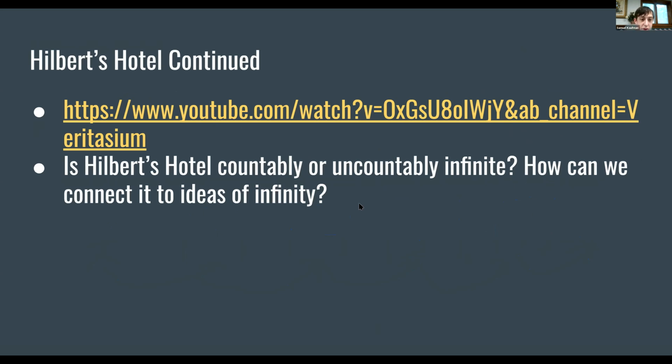But here's the next question I'll ask. Is the number of rooms in Hilbert's Hotel countably or uncountably infinite? And if anyone has any other observations about how this connects to things we've already learned, that would be great. I want to see one more person make a guess as to whether it's countably or uncountably infinite.